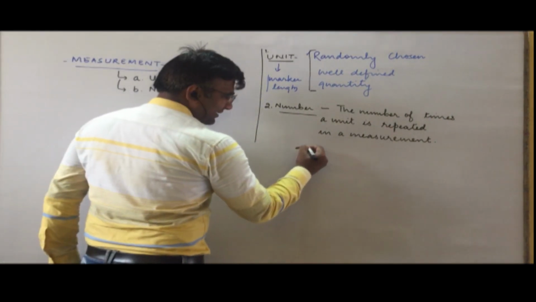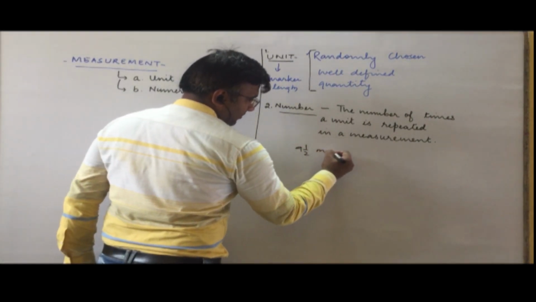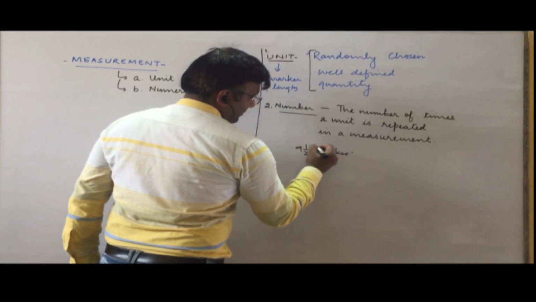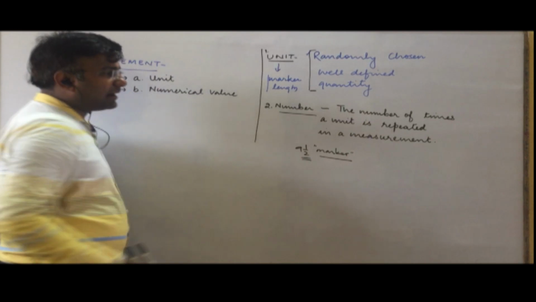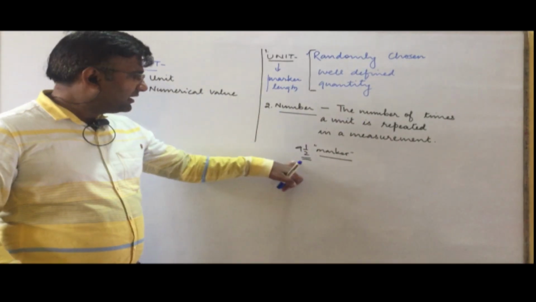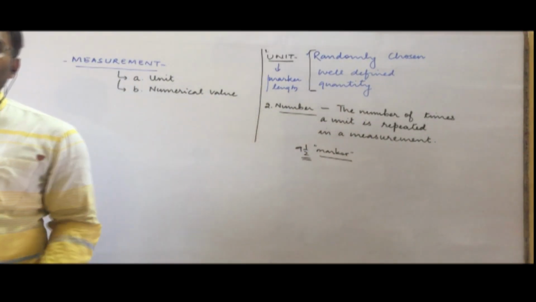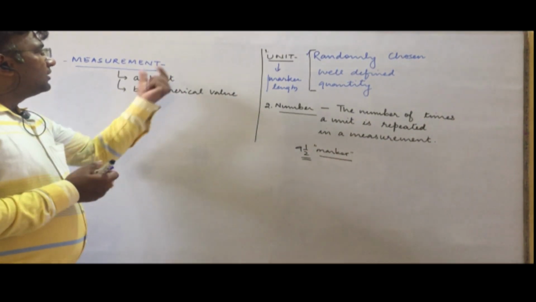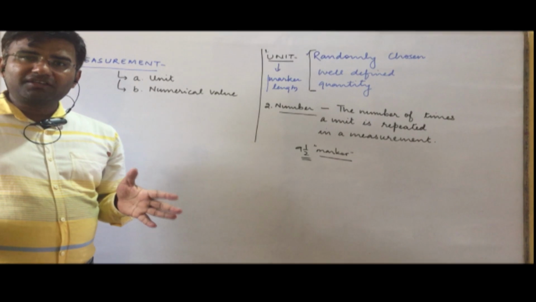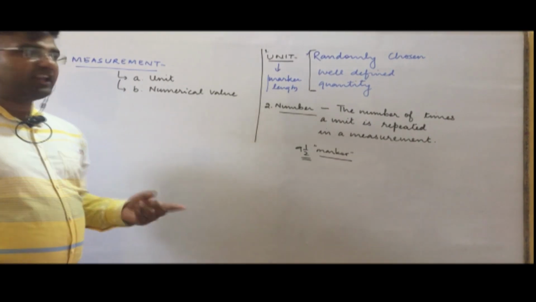So when I said 9.5, marker length was the unit, and this 9.5 is the number of times this unit is repeated, and that becomes the numerical value. So quickly, measurement is the method in which we convert a given physical quantity into a numeric value.